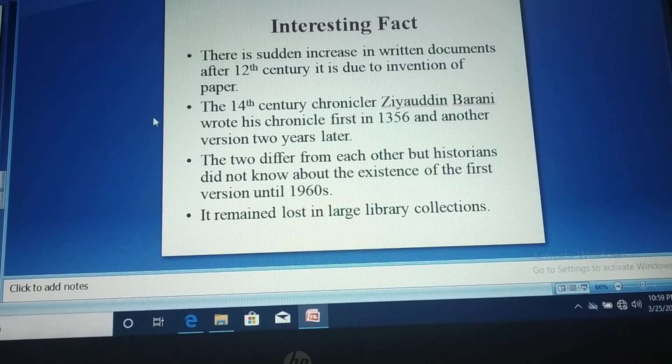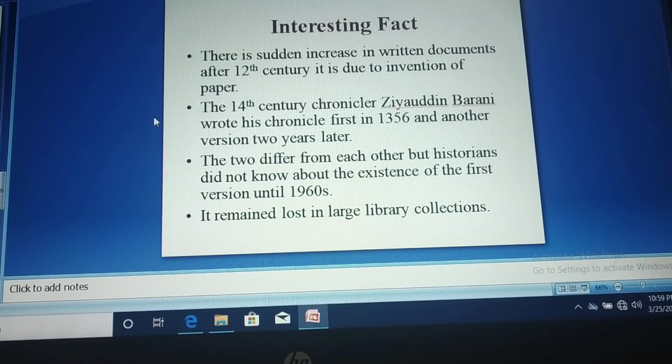And the 14th century chronicler Ziauddin Barani wrote his chronicle first in 1356 and another version 2 years later, in 1358. And the interesting thing is that both these versions were written by Ziauddin Barani in 1356 and 1358, and they are not the same.